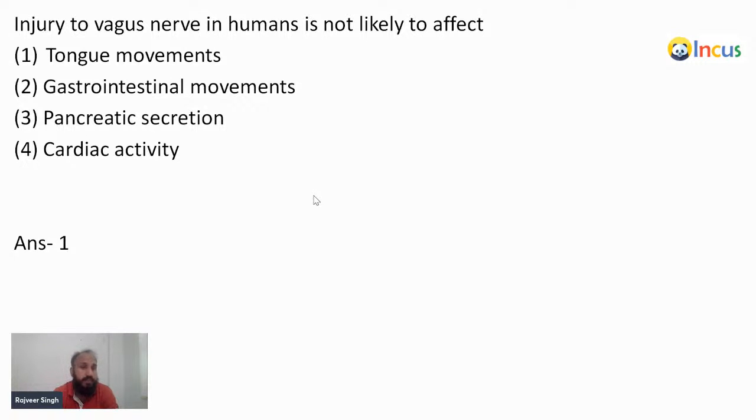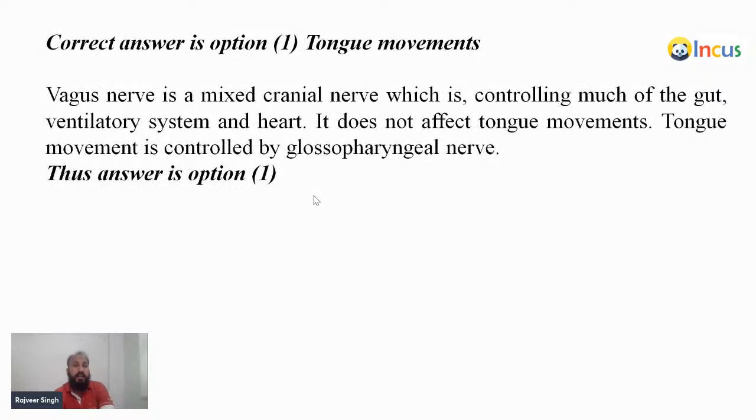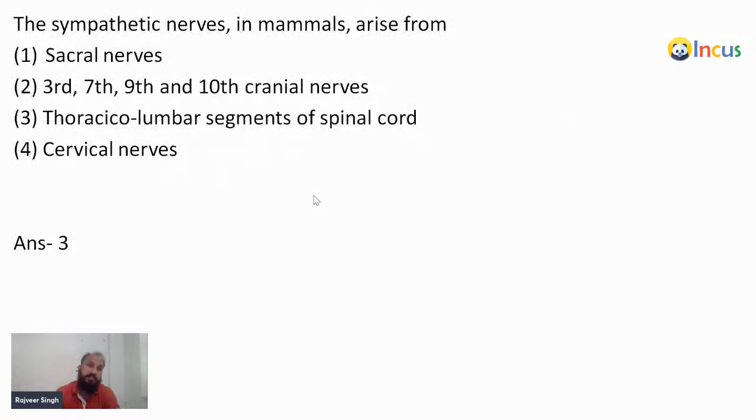So the answer will be first. The vagus nerve is a mixed cranial nerve which controls much of the gut, the respiratory system and the heart. It does not affect tongue movements. Tongue movements are controlled by the glossopharyngeal nerve, as I told you already. So the answer will be first.